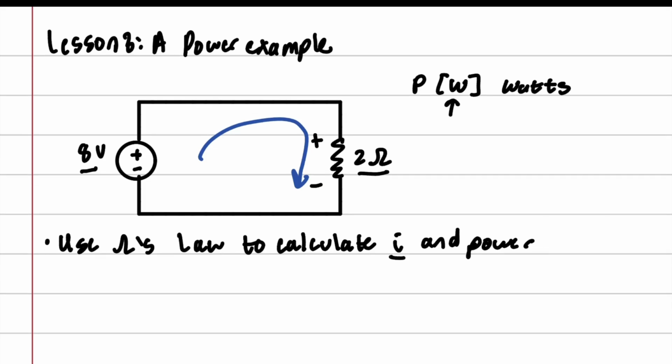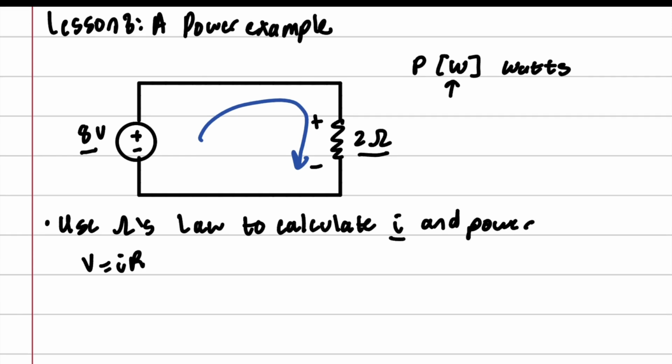So we write down Ohm's law, V equals IR, and divide both sides by R so that we get I in terms of V and R, because we have those two values, 8 volts and 2 ohms. Plugging it in, 8 over 2 equals 4 amps.